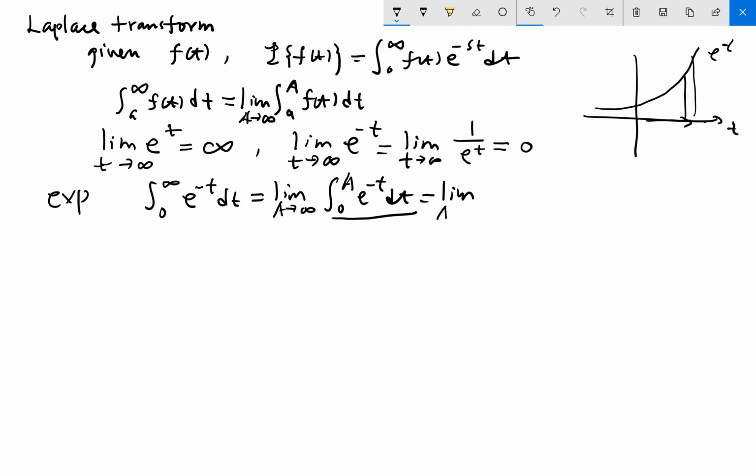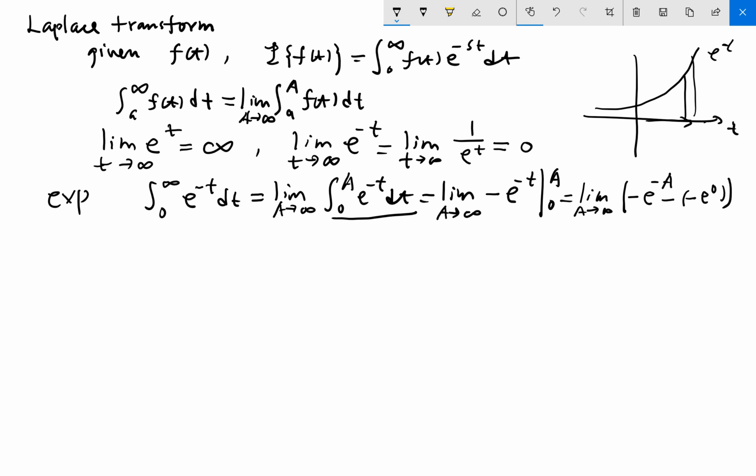Let's integrate that. You get negative e to the negative t, evaluated at 0 and a, which gives you the limit as a goes to infinity. When you replace t by a, that gives you negative e to the negative a, then minus negative e to the 0.